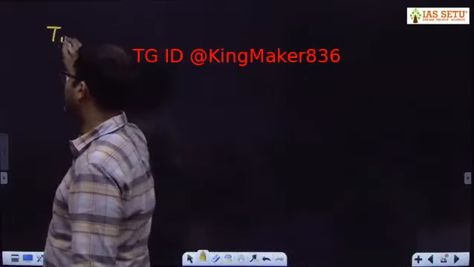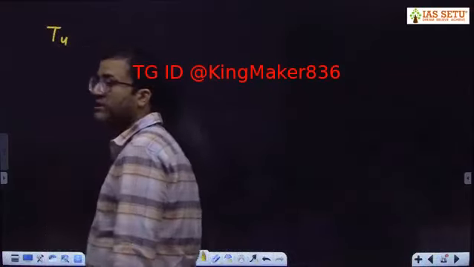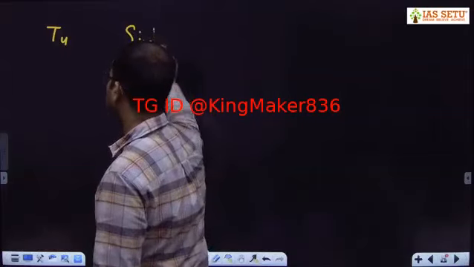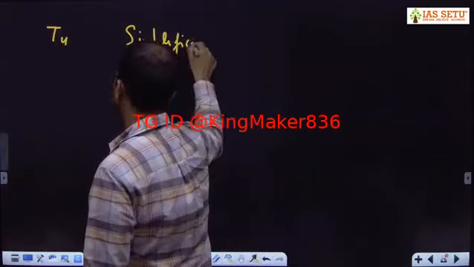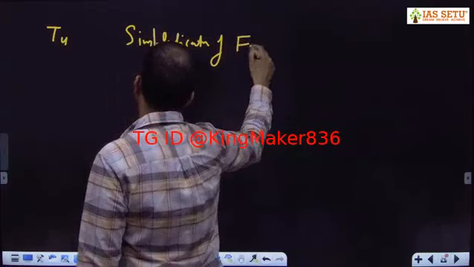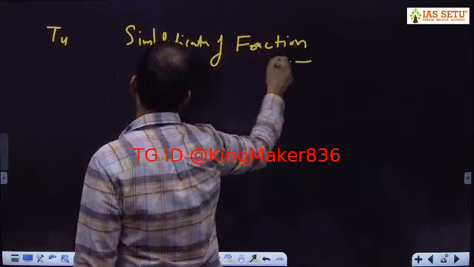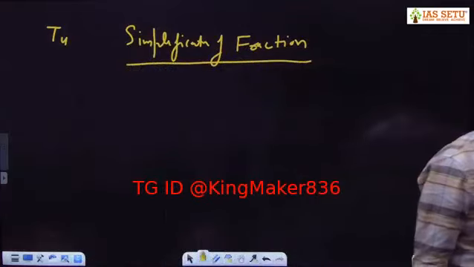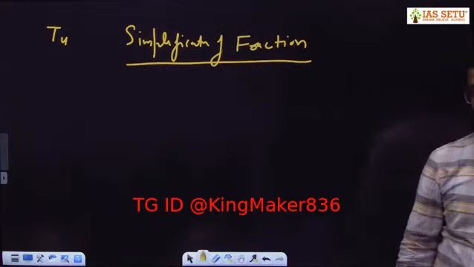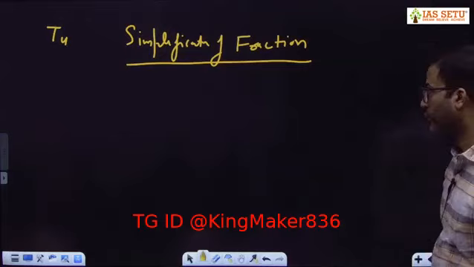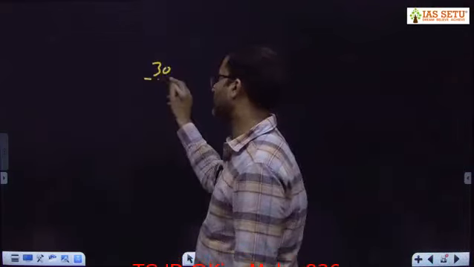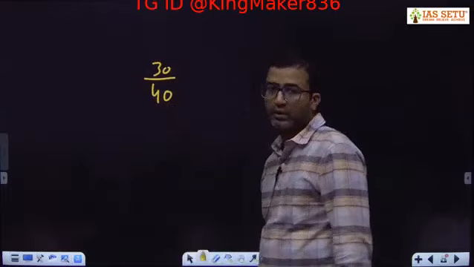Type 4. Type 4 is application of HCF, simplification of fraction. If we have to simplify a given fraction, कोई fraction दिया और उसको छोटा करना है, simplify करना है, I take an easy question first, 30 upon 40, ठीक है?